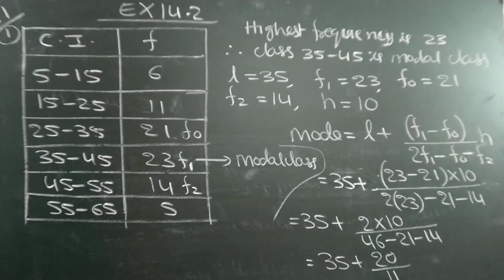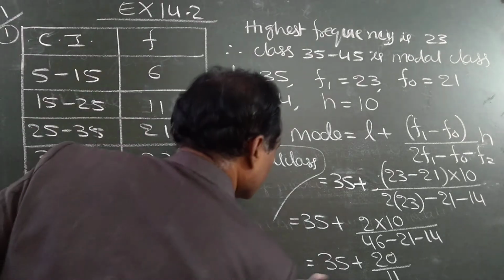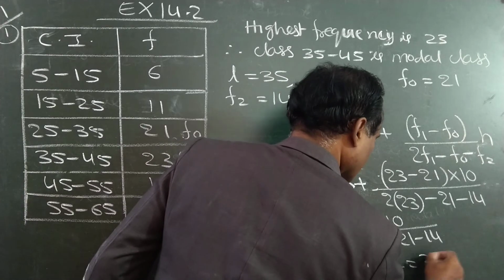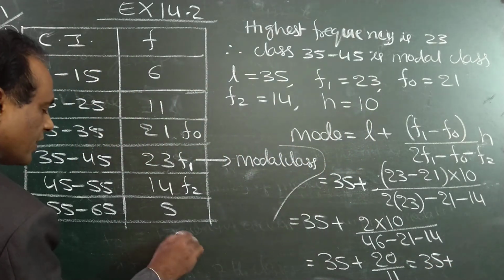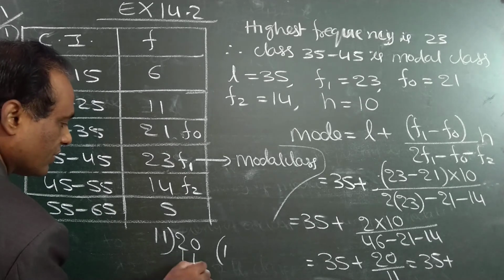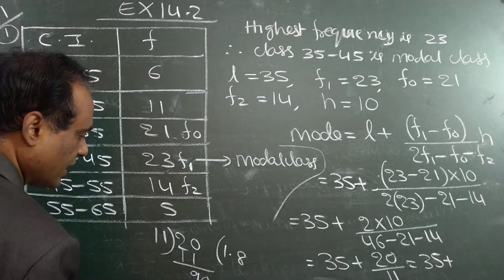20 by 11, do it and simplify. What is 20 by 11? 11 ones are 11, 11 eights are 88.